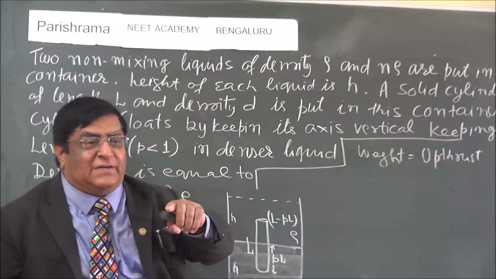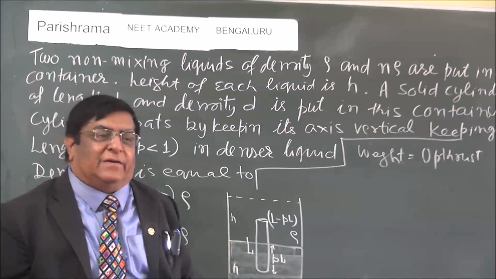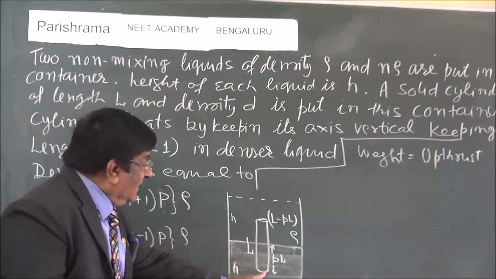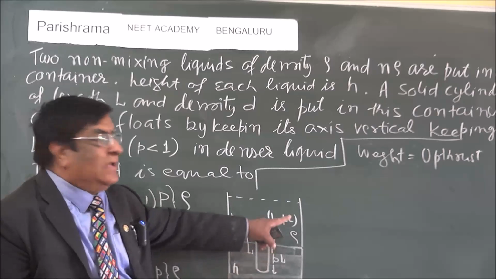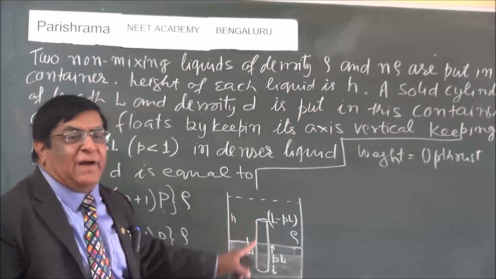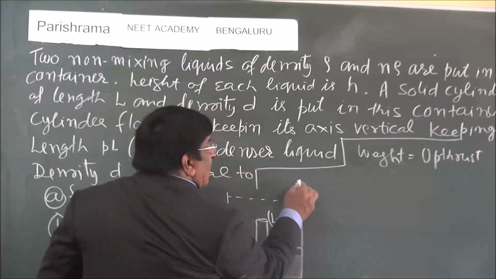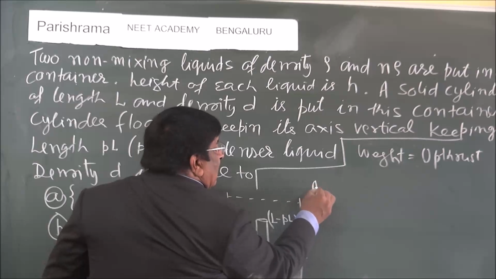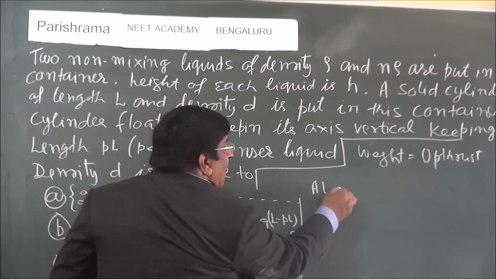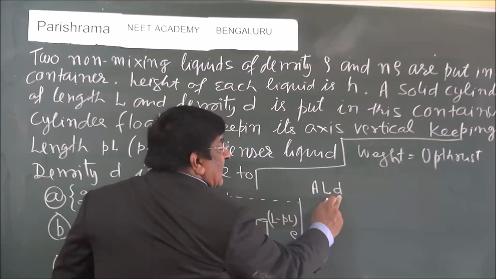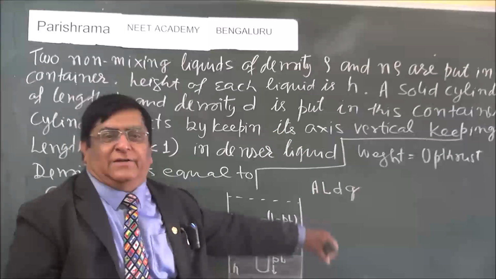What is that? Volume into density. In the volume, again, we want to use this length. What is volume equal to? Area of cross section multiplied by length. So the weight of the body is equal to area multiplied by length, which is volume, multiplied by density, which is mass, multiplied by G. This is the force acting downwards.